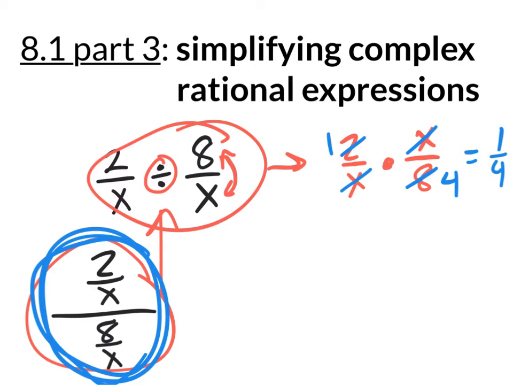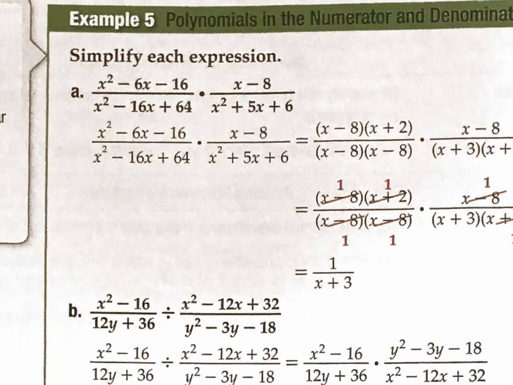So I do want to go through the examples in the book. The first example is on page 532. Well, it's example 6 that I want to look at. If we went through example 5, that's just regular multiplying two fractions. And of course, you factor. Oh, this you can't factor.